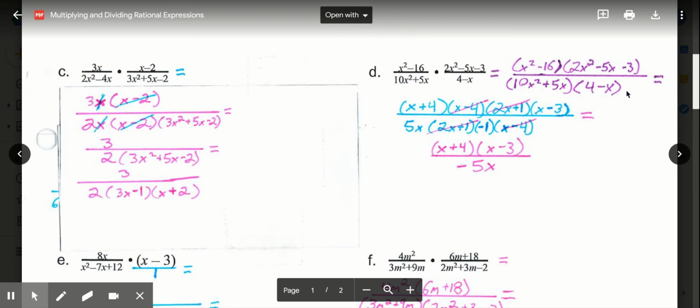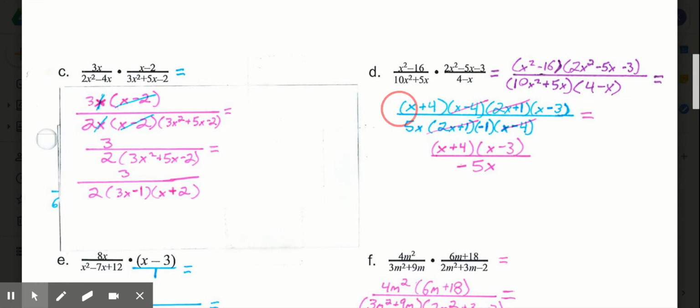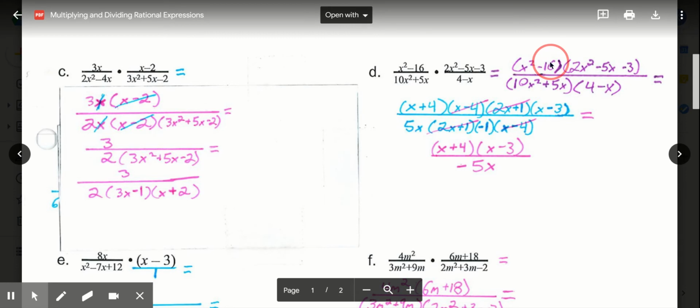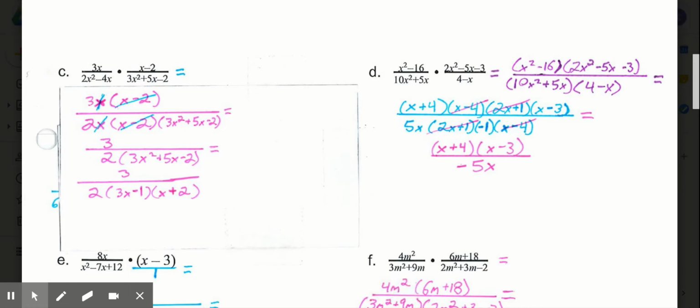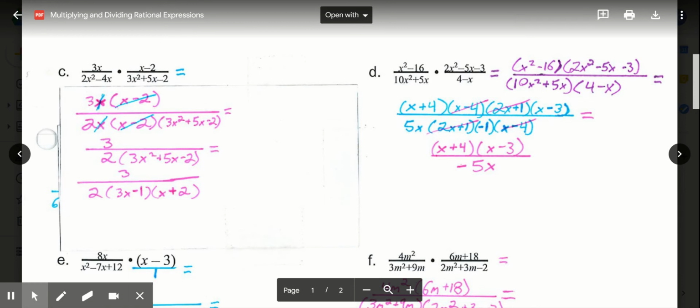So if I just break all those into individual factors, x squared minus 16 breaks to x plus 4 times x minus 4 when we factor it. Difference of two squares, so that comes from the x squared minus 16. Then factoring 2x squared minus 5x minus 3 gives me 2x plus 1 times x minus 3.